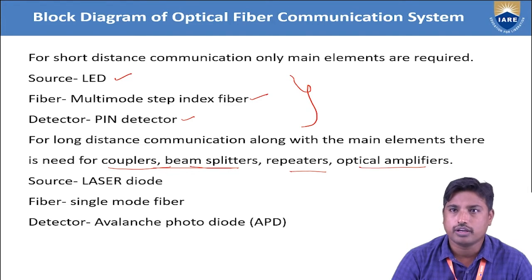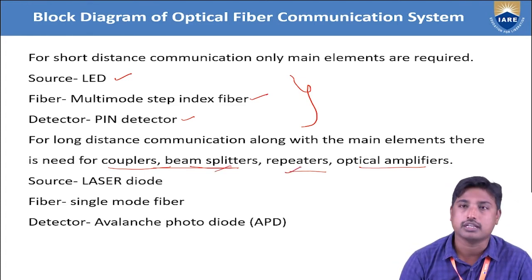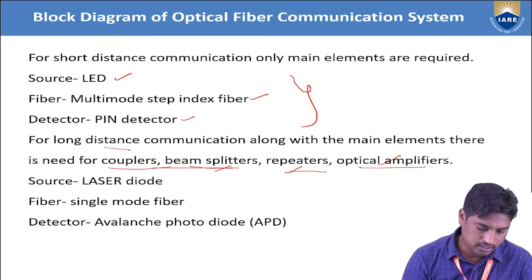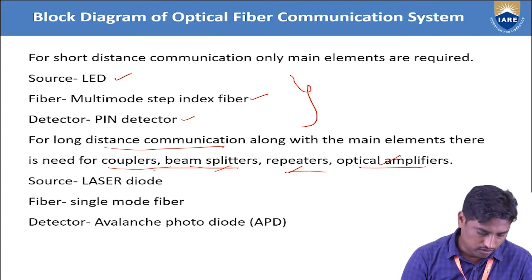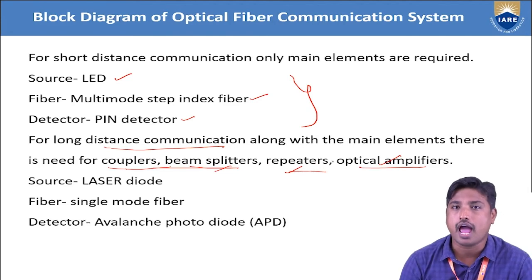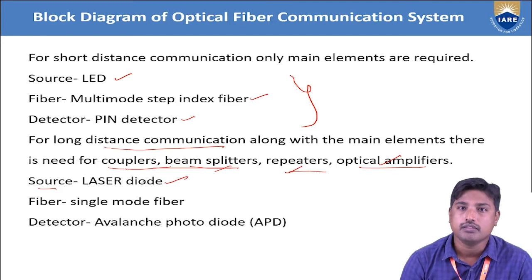So to amplify or strengthen the signals, we are using couplers, beam splitters, repeaters and optical amplifier. That's why for the longer distance communication, along with the three main elements, we need these couplers, splitters, repeaters and amplifiers also. Here the source is laser diode. Fiber is single mode optical fiber cable.